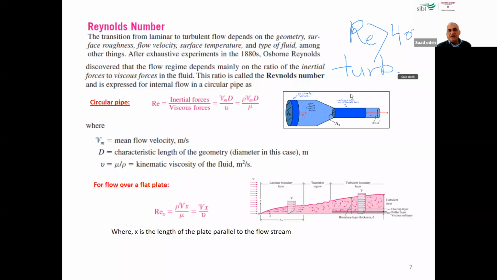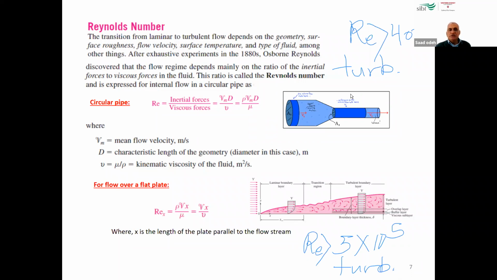Less than 4,000 will be laminar, as in tube. For example, in flow over flat surfaces, if we have Reynolds number greater than 10 to the power 5, for example, then it's turbulent. Less than this, we know that it's laminar.